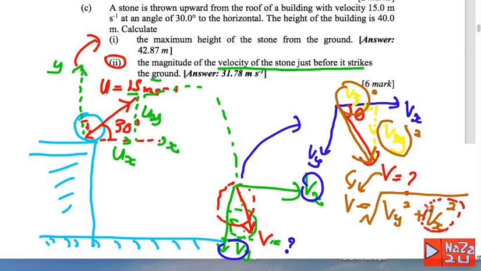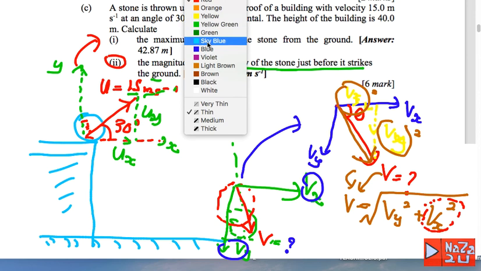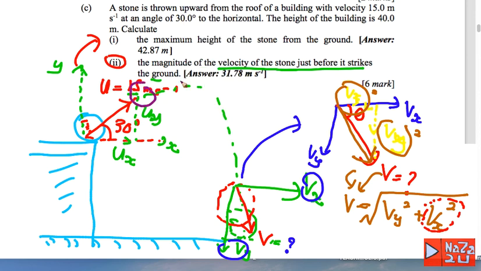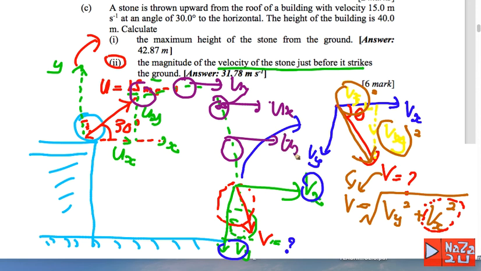As I said in the online lecture, in the projectile motion of the object, ux is constant, a fixed value.